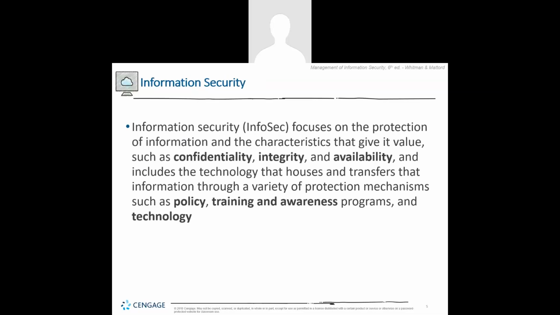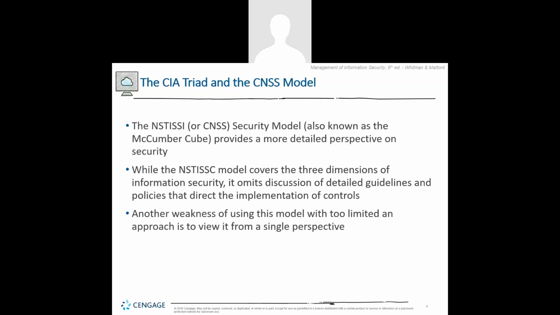And availability says that the information is available to the correct people when they need it, so it ensures timely access for those authorized users. InfoSec employs policies, training, and technology to safeguard those assets. Confidentiality, integrity, and availability make up the CIA triad, which provides the foundation for information security.